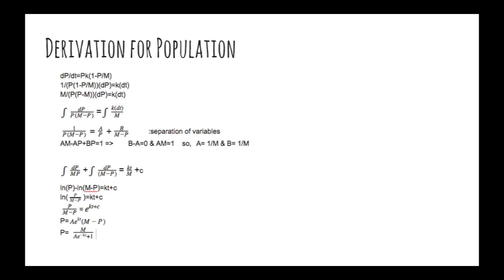And with that, you just multiply the other side by m minus p, so you get p equals a, being e to the c, e to the kt times m minus p. And then you separate, you do some math functions to get p on one side, and there you get p equals m over a e to the negative kt plus 1.